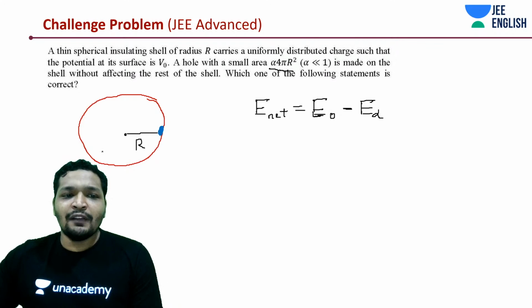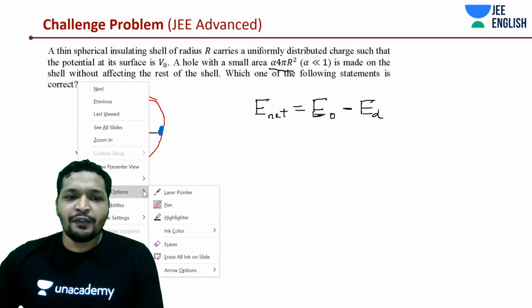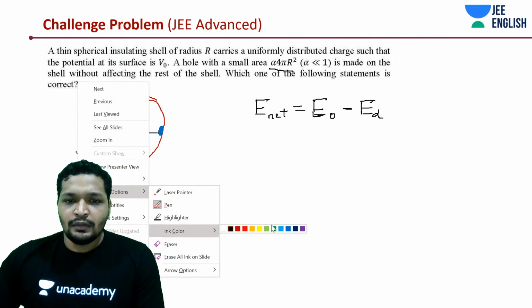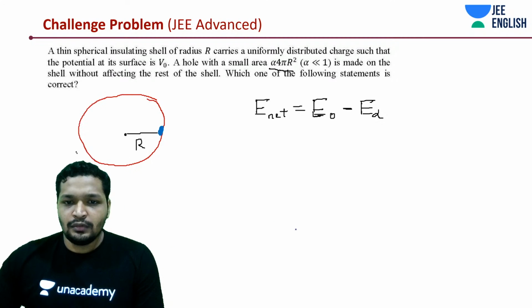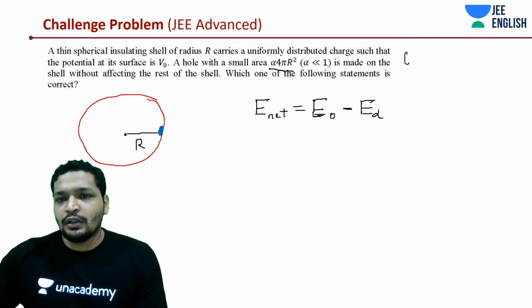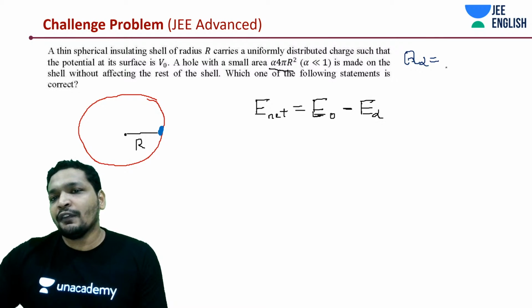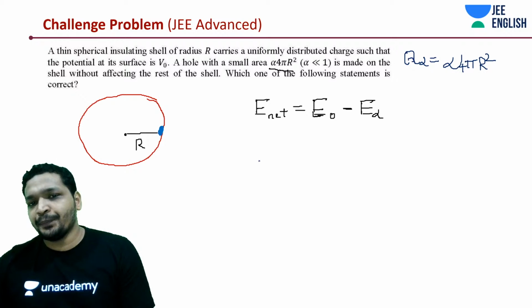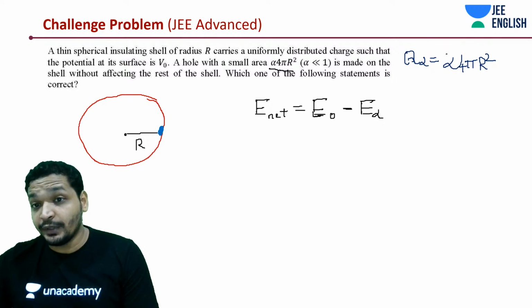And what is the charge on alpha? Q alpha was alpha into 4 pi r square, right? If Q naught is the entire thing, there should be a Q naught. Not miss that.